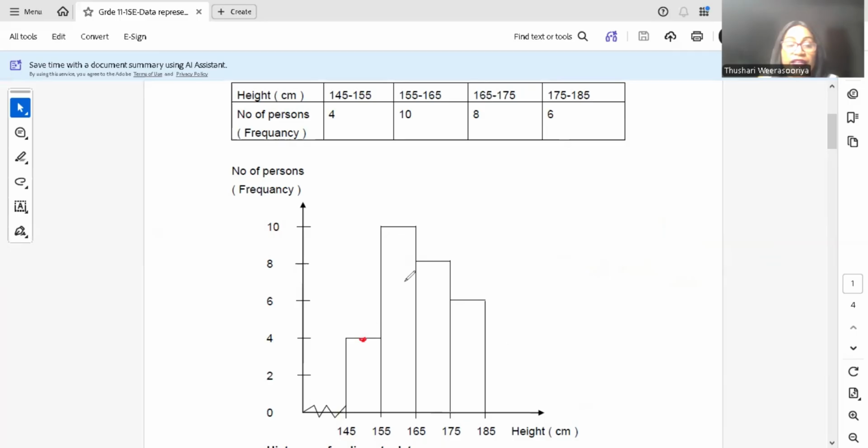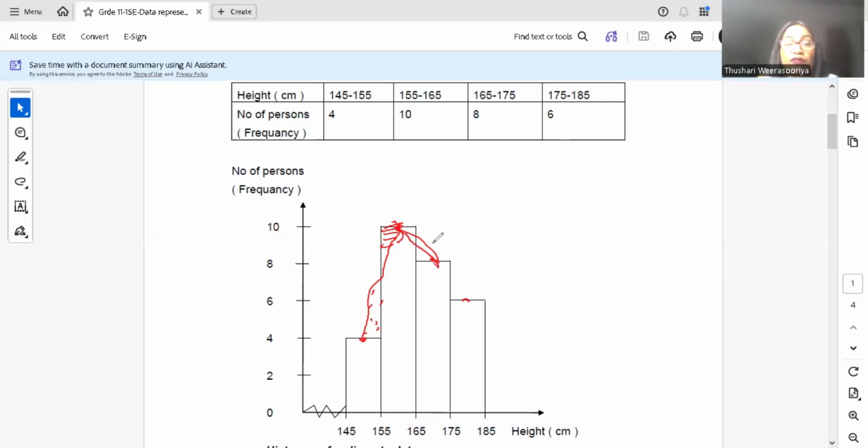You get the midpoint of each bar's top and join them, taking every bar's midpoints and joining them with a straight edge. When you draw, you get two triangles. Then I cut this triangle and add the dotted triangle. Now here, join this to this. Then these should be equal.